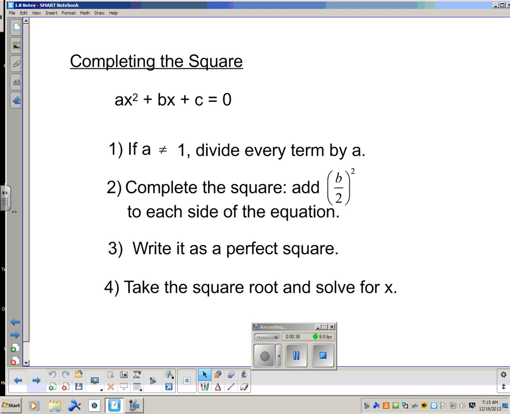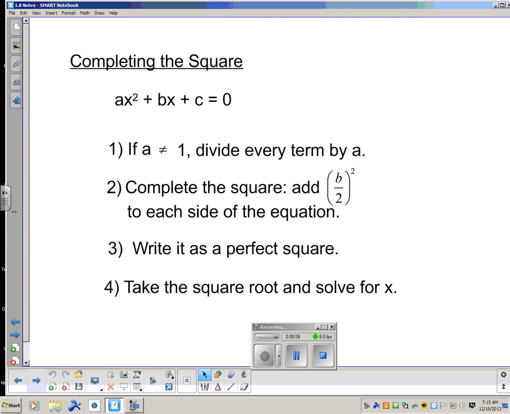So completing the square. If it's in the form of ax squared plus bx plus c equals 0, and if a is not equal to 1, you want to divide every term by a. That's your first step. Your second step is to complete the square, and you add b divided by 2 squared to both sides of the equation. And then you want to write it as a perfect square, and then take the square root and solve for x.